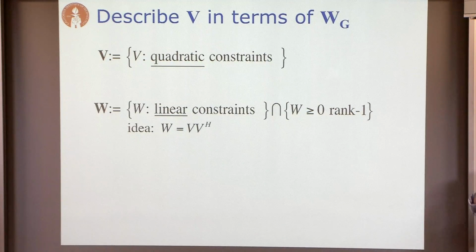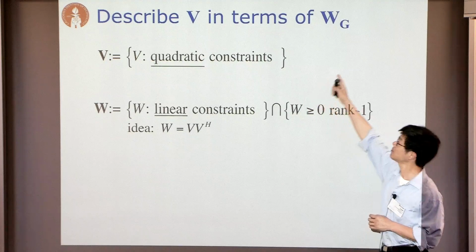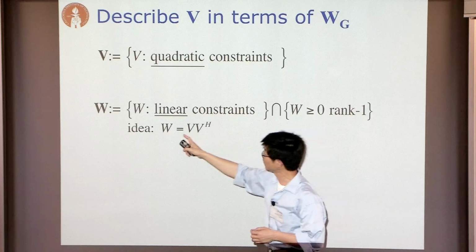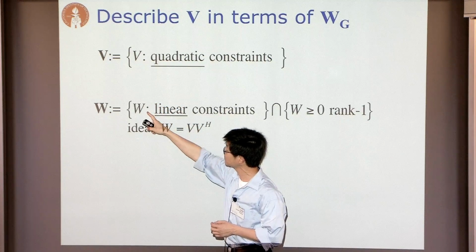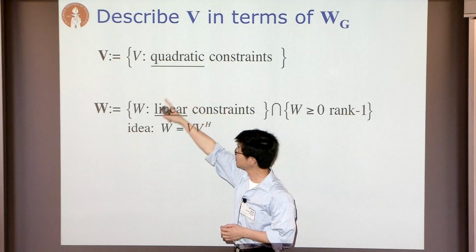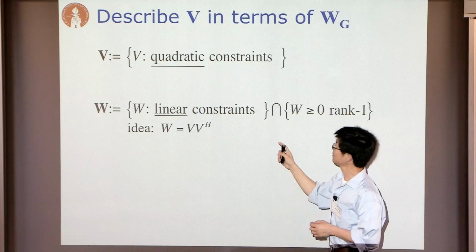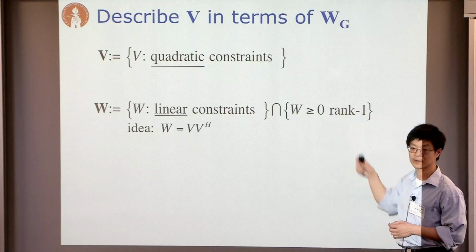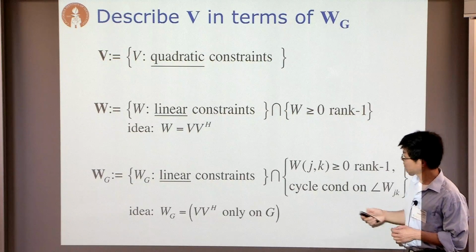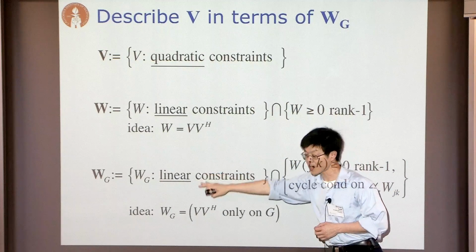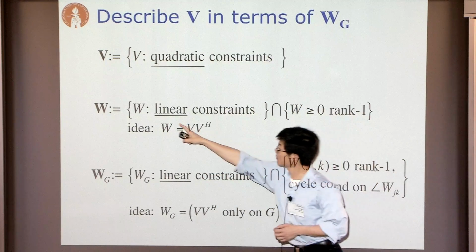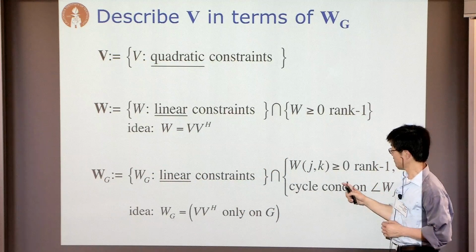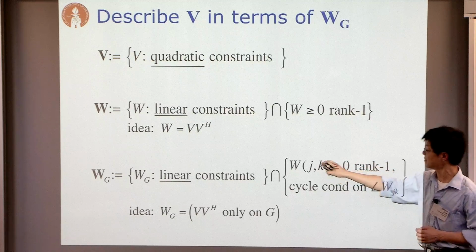All right. So how do we describe the feasible set of OPF in terms of the partial matrix WG? The way we do it for SDP is we establish a one-to-one mapping between V and an n by n matrix, so that this satisfies the quadratic equations, these satisfy linear equations, but then you require this. Right? So if you want to describe V in terms of the partial matrix, you not only replace W by WG, which is a partial matrix, but also the simplicity comes here.